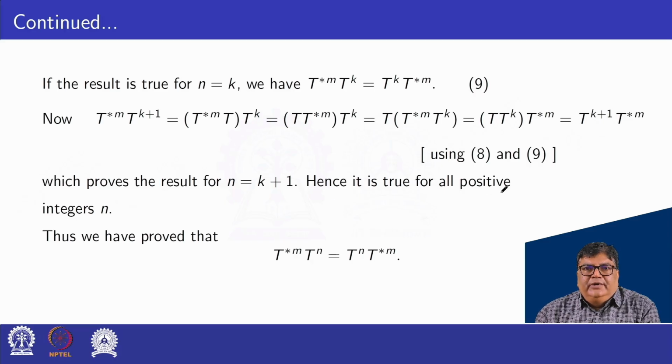Hence, it is true for all positive integers n. Thus, we have proved that T star m into T^n is equal to T^n into T star m. That is, mth power of T star into nth power of T is equal to nth power of T into mth power of T star.